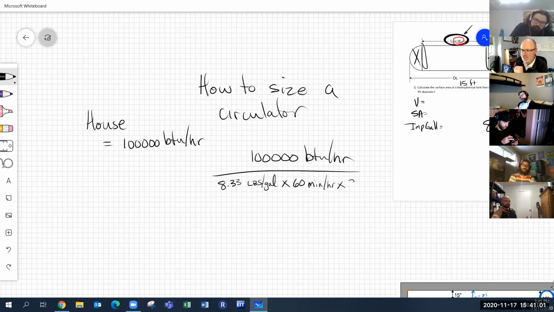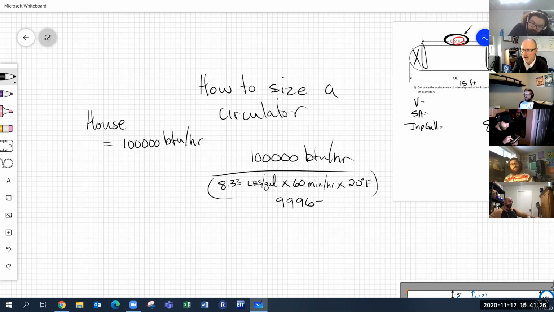That is typically about 20 degrees Fahrenheit, a standard supply return temperature differential. Now that number can change easily if it's in the question.